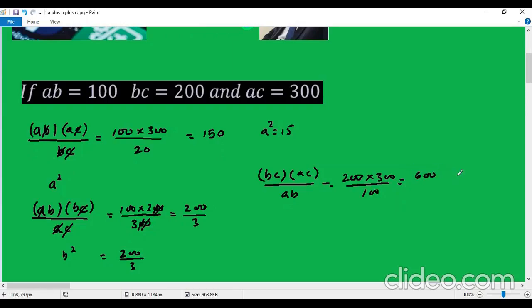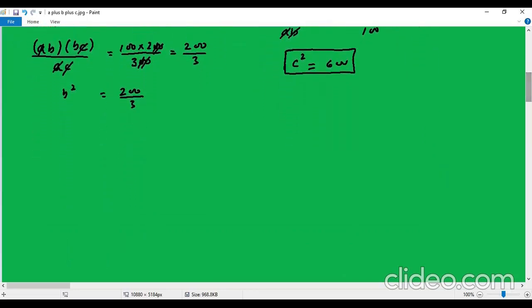Once the B is cancelled with B and A is cancelled with A, ultimately C square is equal to 600. To make it neat and nice, we can write the values separately: the value of A square is 150, the value of B square is 200 over 3, and the value of C square is 600.